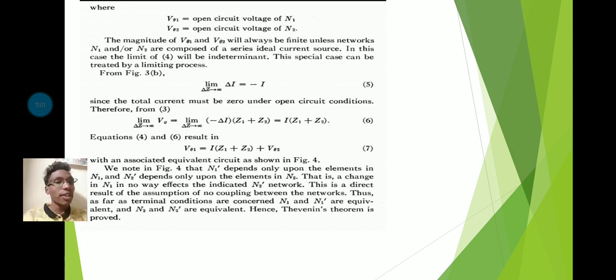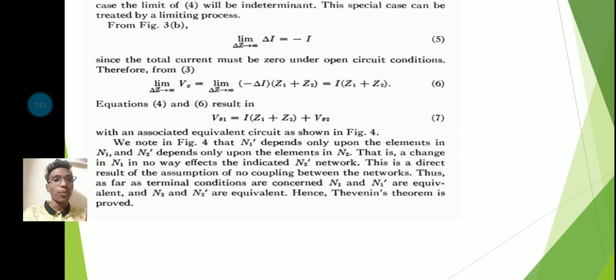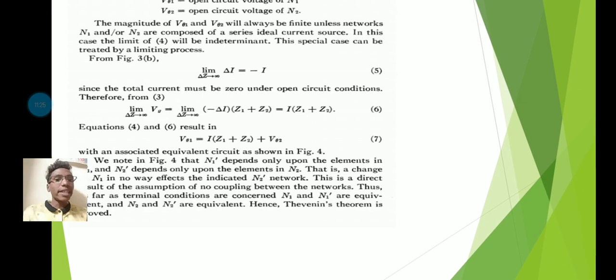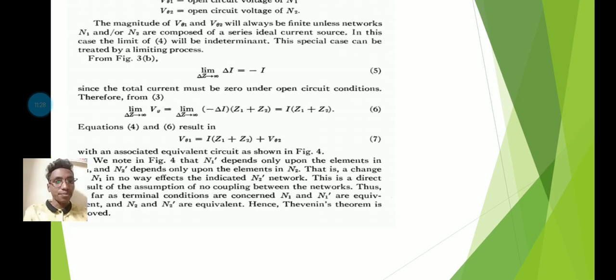As we saw in the previous slide, as ΔZ extends to infinity, ΔI equals minus I, since the total current must be 0 under open circuit condition. Therefore, from the third equation, as ΔZ extends to infinity, Vq equals minus ΔI times Z1 plus Z2, which equals I times Z1 plus Z2.